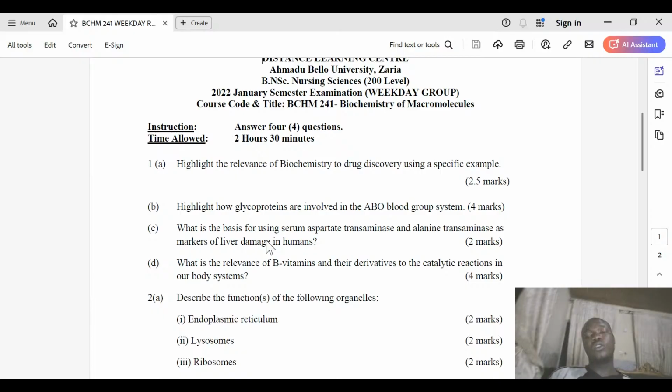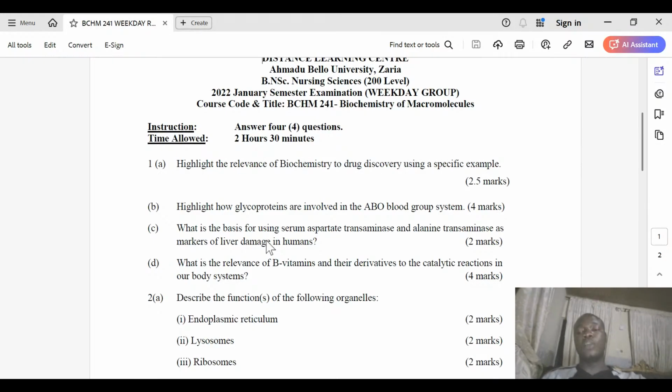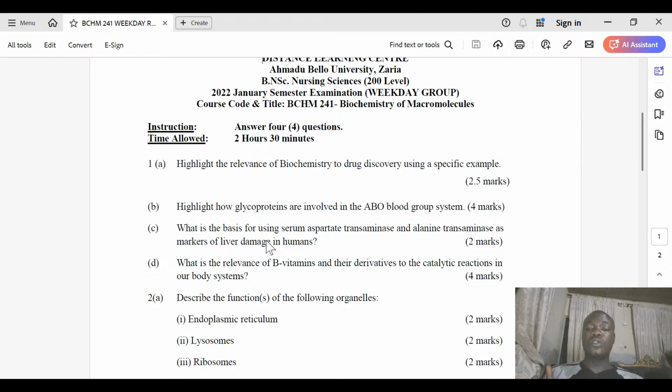So remember in the revision that I made in the last video on enzymology, I mentioned that most enzymes are produced in an inactive form. The inactive form of an enzyme is called an apoenzyme. Those enzymes require cofactors or coenzymes to become active.